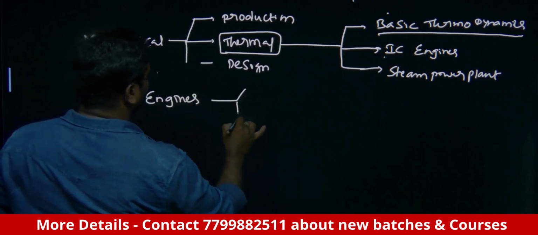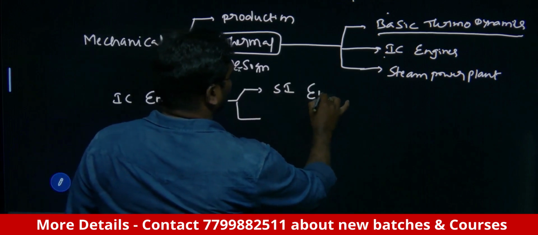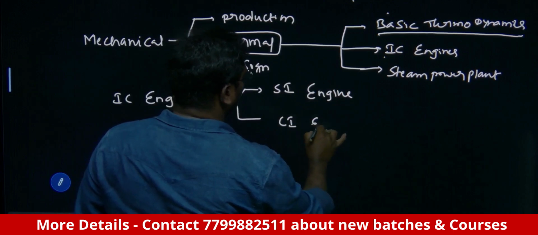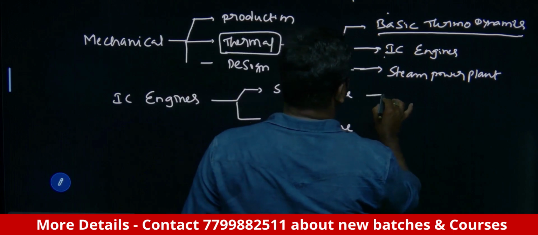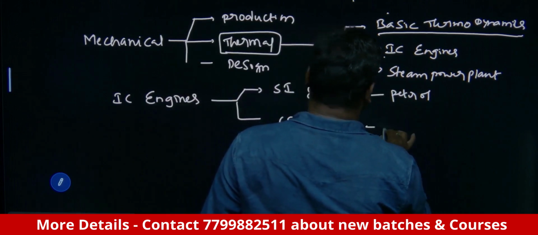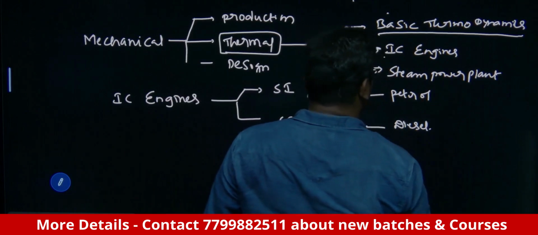IC engines are of two types: SI engines and CI engines. An SI engine works on petrol. A CI engine works on diesel.